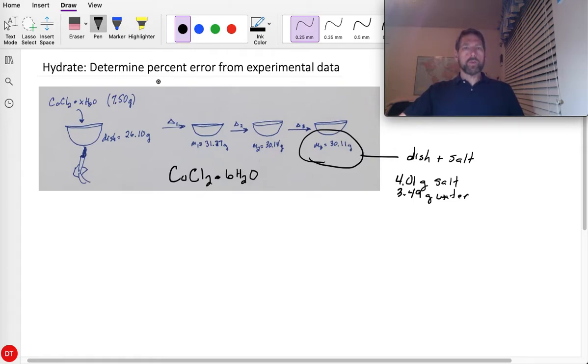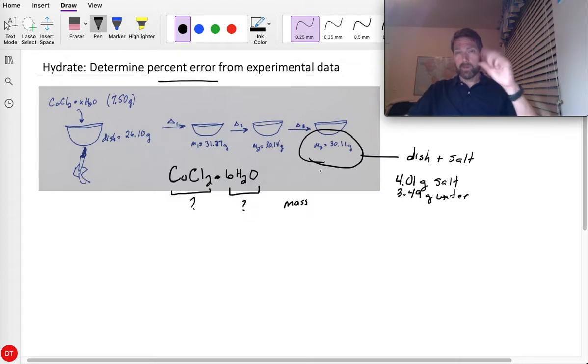To get percent error, remember percentage is a portion, a fraction, so we need to know what percentage or fraction is the salt, and what fraction is the water. I don't care what the sample size is, it doesn't matter. Regardless of the sample size, the question is how much mass you can expect every single time.